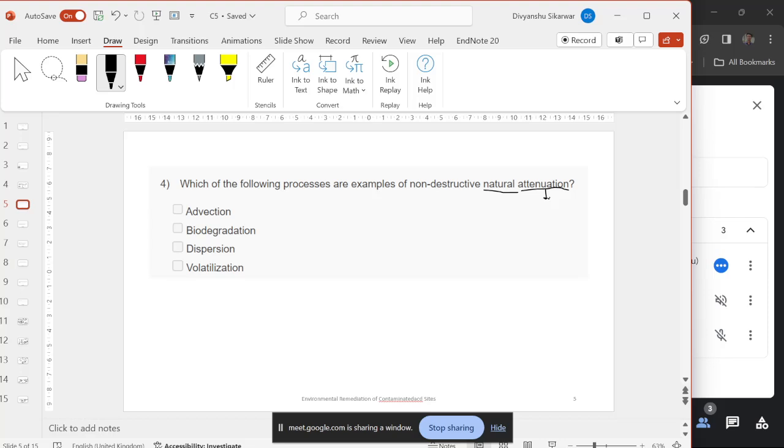Sir was covering the natural attenuation method, which he further divided into two parts: non-destructive and destructive methods.